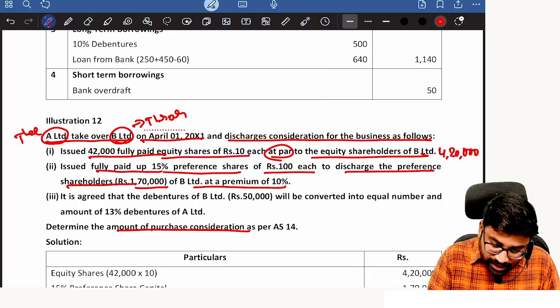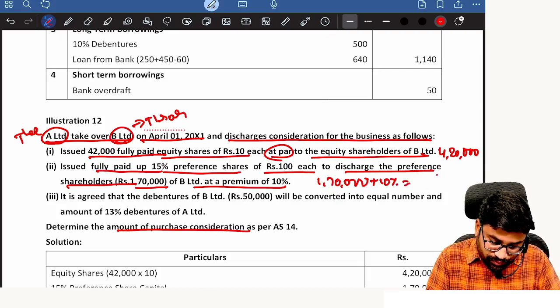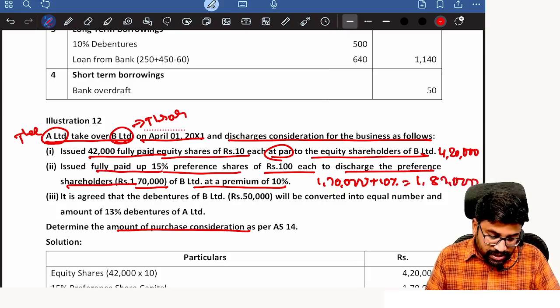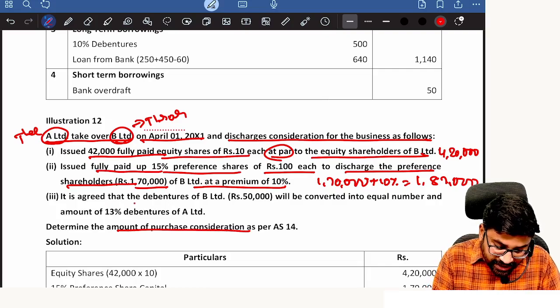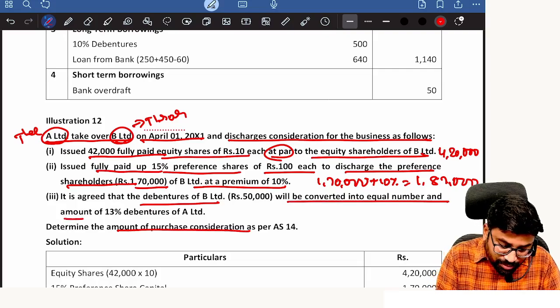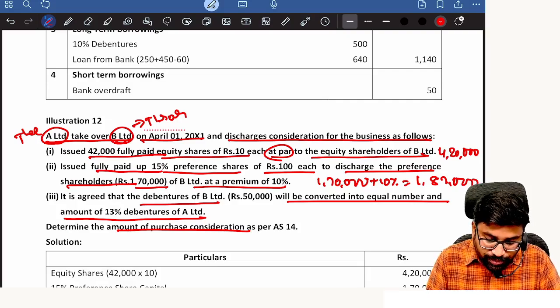Therefore, 1,70,000 plus 10% premium, how much? 1,87,000. And the third point: it is agreed that debentures of B Limited will be converted into equal number and amount of 13% debentures.